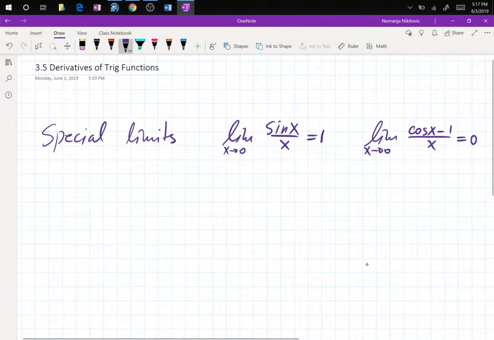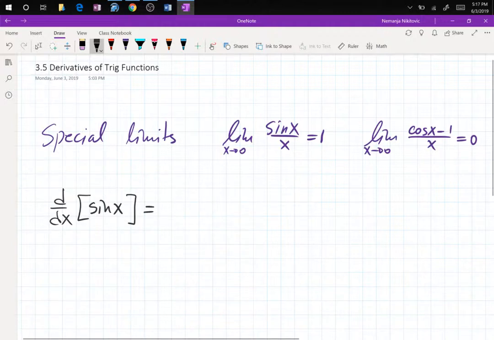And we are going to use these now to calculate the derivative of sine x. The way to calculate a derivative is to compute the difference quotient formula with the limit as h goes to 0.